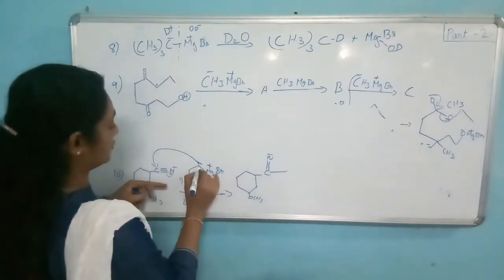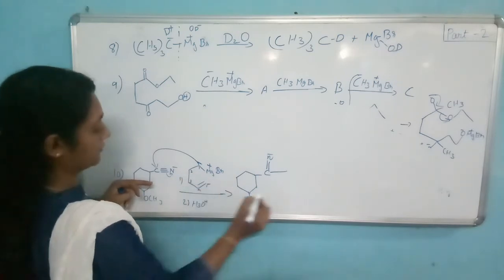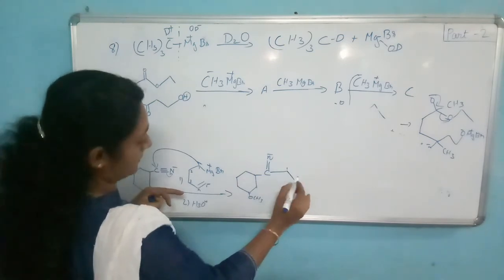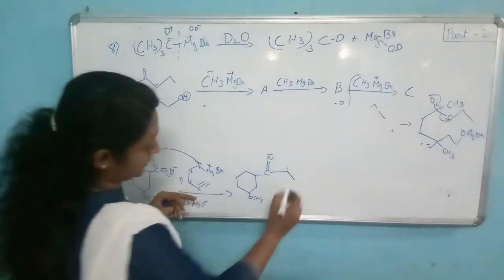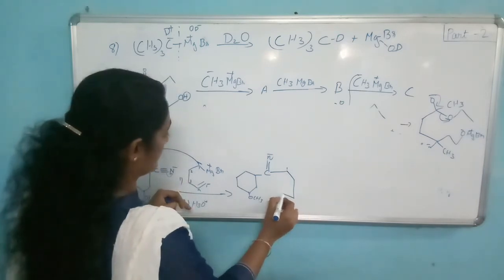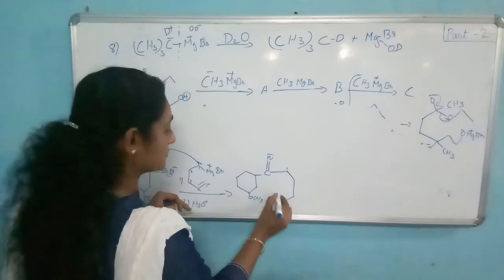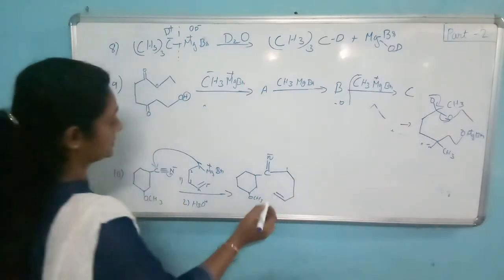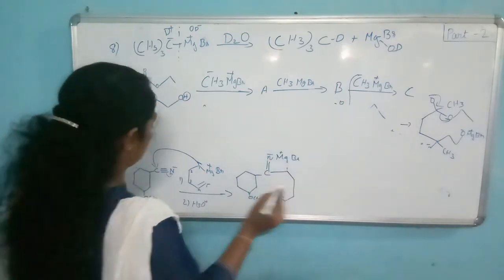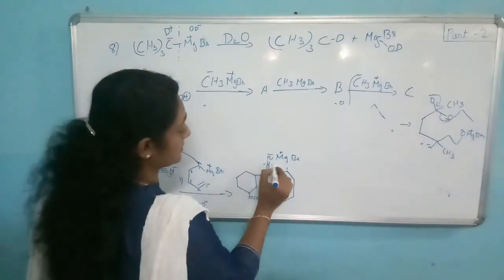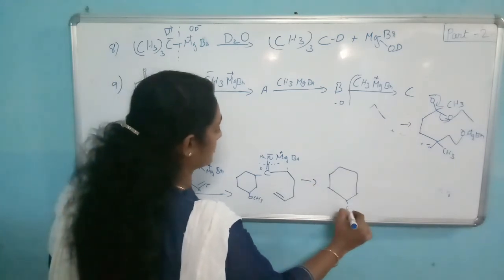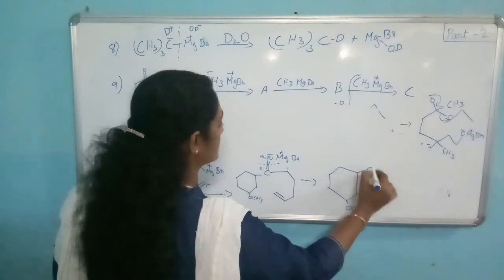Okay, 1, 2, 3, 4, 5. And MgBr comes here, and then the second process is hydrolysis. O and H. We get OCH3 C double bond O.